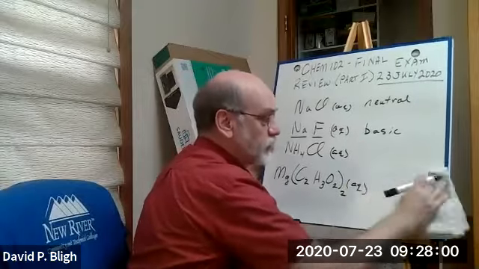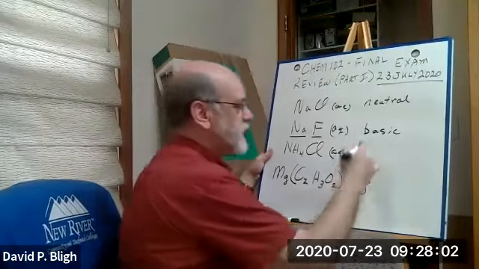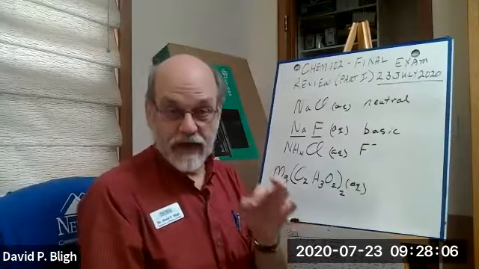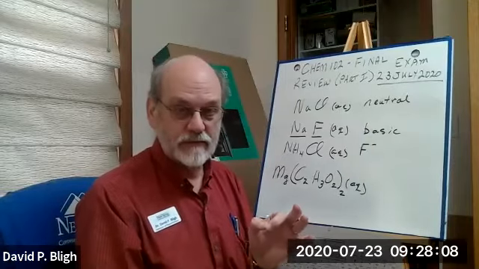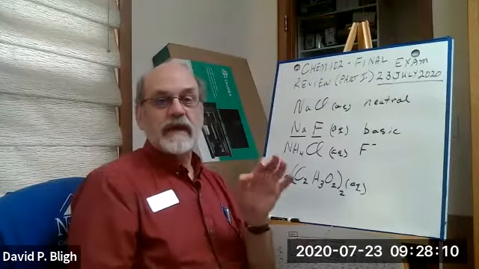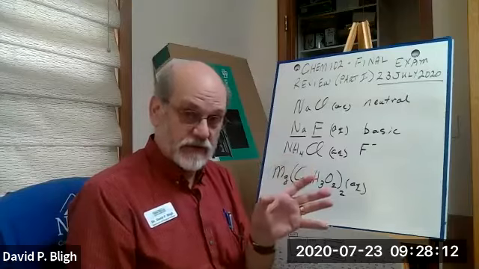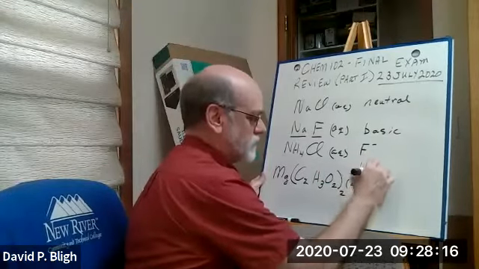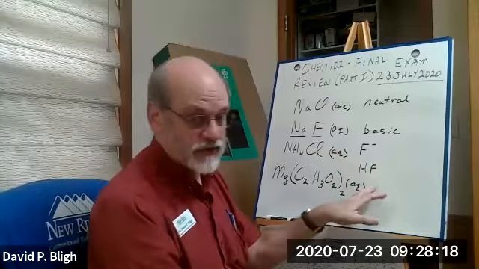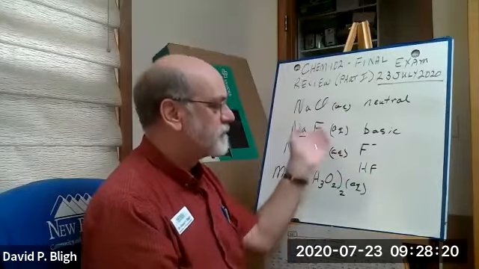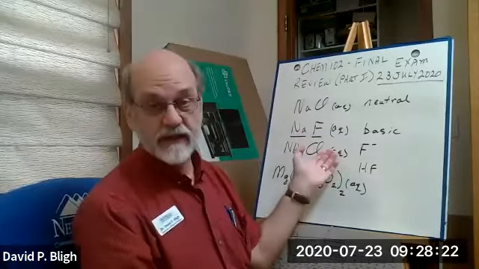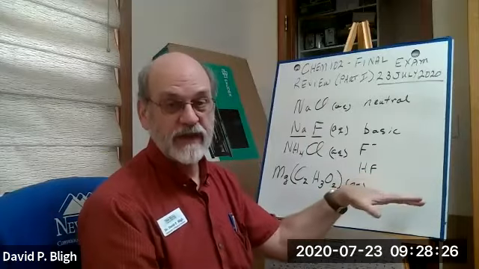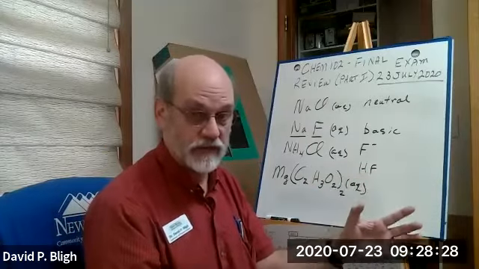What does happen when you put this in solution is the fluoride ion. HF, hydrofluoric acid, is a weak acid. So it does not want to give up hydrogens. HF does not give up hydrogens easily, which means if it's a weak acid, then its conjugate base, fluoride, is a strong base, which means it has a strong attraction for hydrogens.